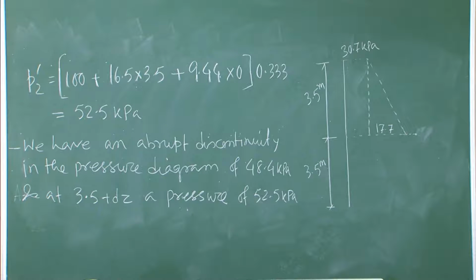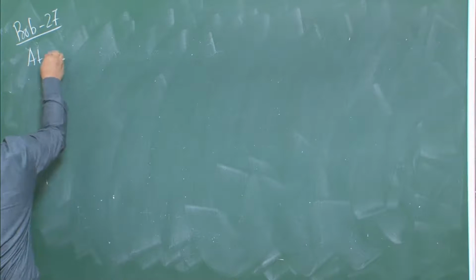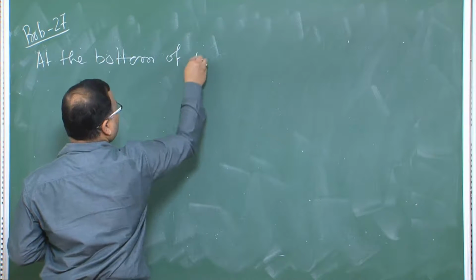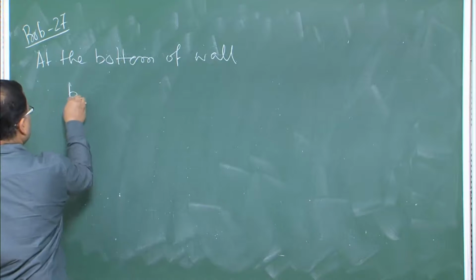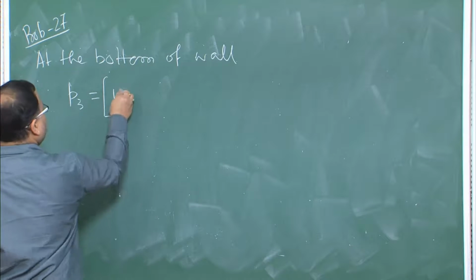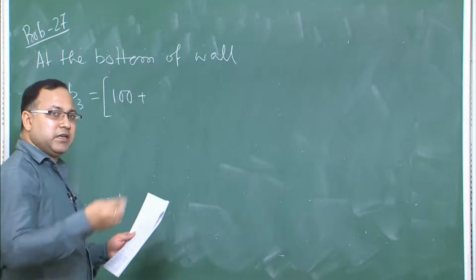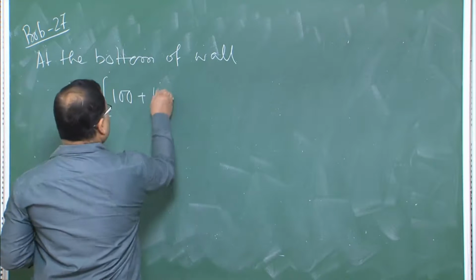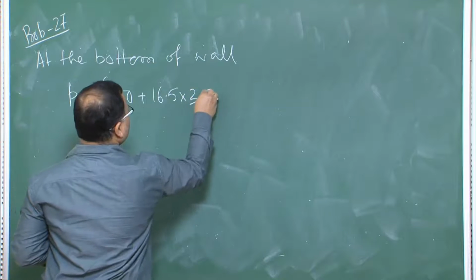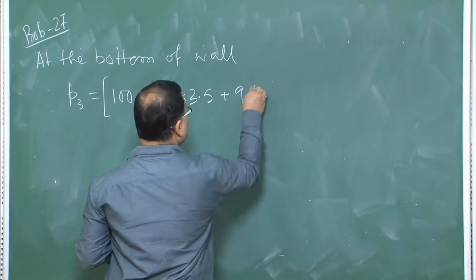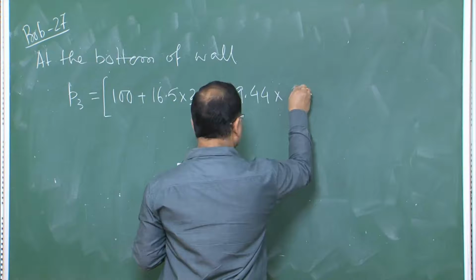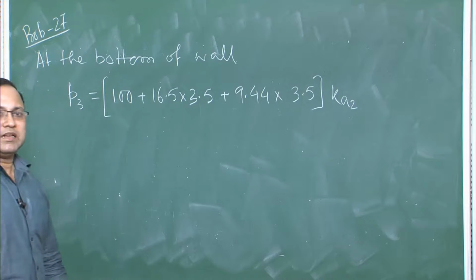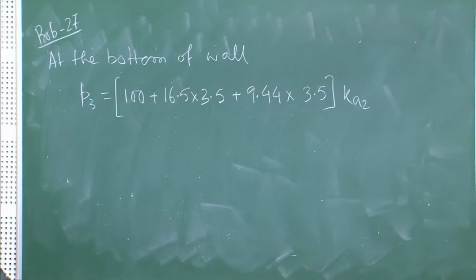Now at the bottom of the wall, what is the pressure? At the bottom of the wall, your P3, that is pressure, is equal to 100 plus, within the bracket, the vertical pressure due to soil 1 plus the vertical pressure due to your submerged soil 2, into Ka2, that is nothing but your P3, which is acting at the base of the wall.